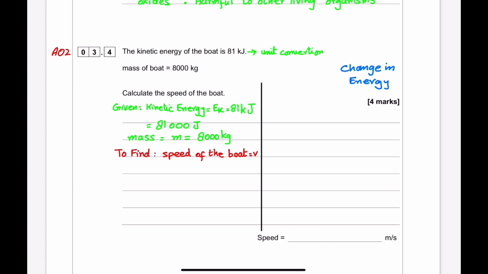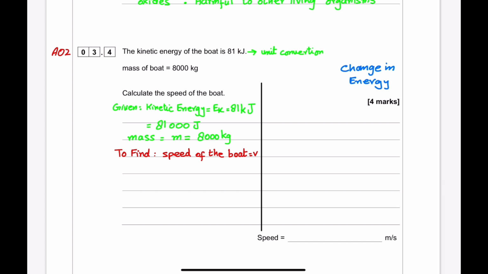Calculate the speed of the boat. So the given is kinetic energy. We already converted 81 kilojoules to joules by multiplying the value by 1000, because 1 kilo is equal to 1000. We need to find the speed of the boat.